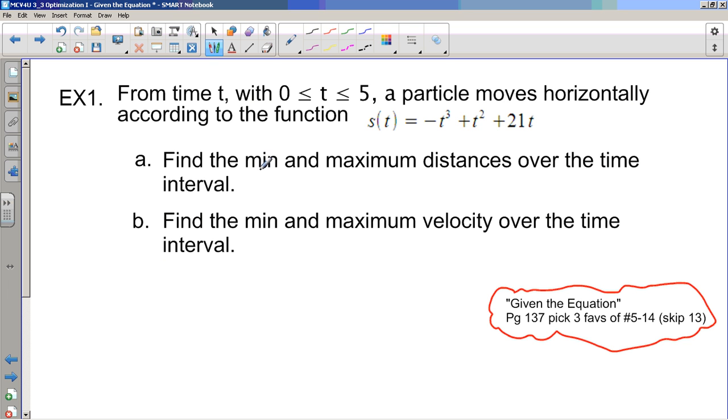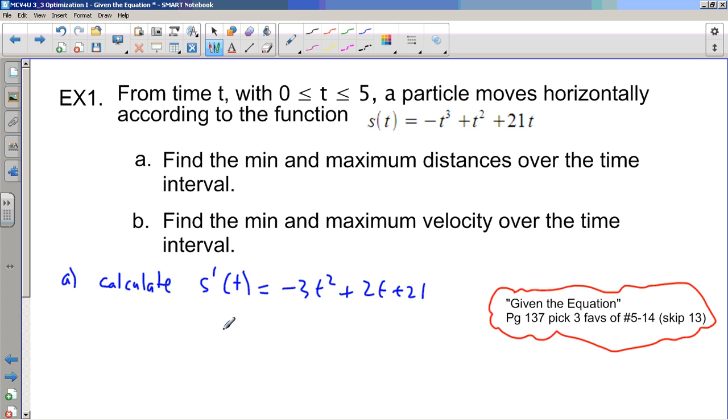So to find the minimum and maximum distances, what's the first step? It's to calculate s prime. Well, s prime at t, I just take the derivative, no problem, plus 21.